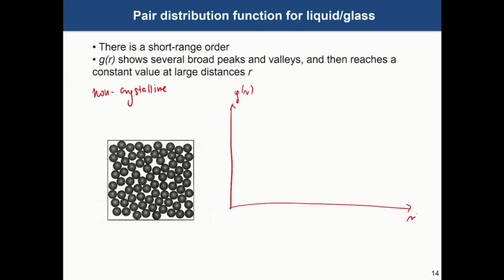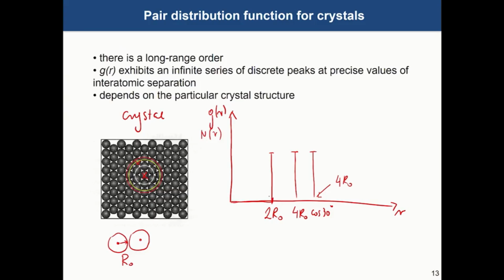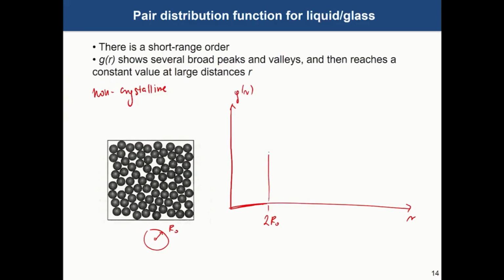The value will again be 0 until I reach 2r₀, where r₀ is the radius of a hard sphere atom in this model. And then the pair distribution function will increase like this, it will be a structure that looks like this, and eventually it reaches the value of 1 at a certain distance.